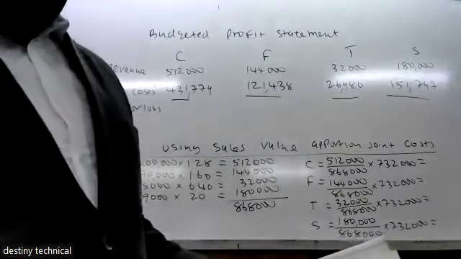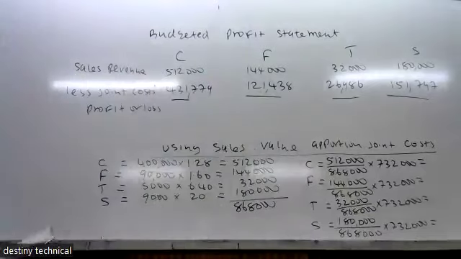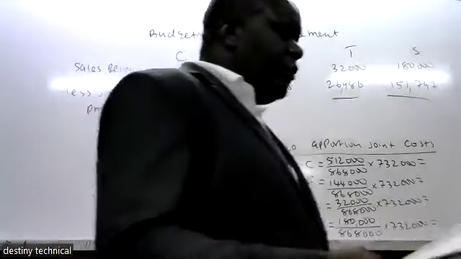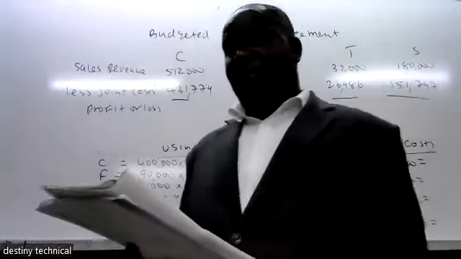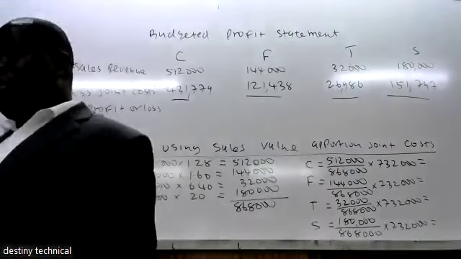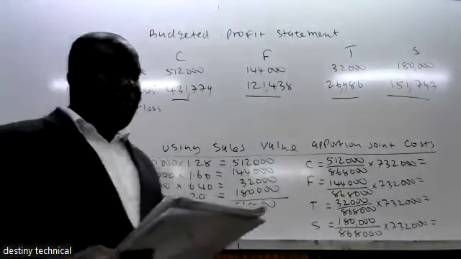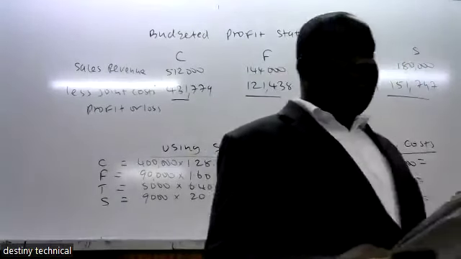Then number two, the factor number two should be output in quantity of the joint products.